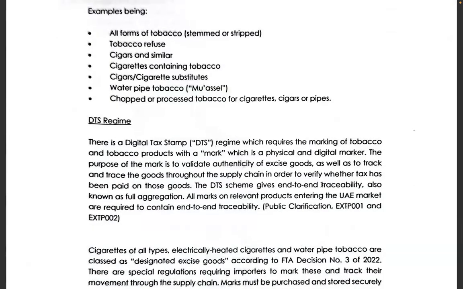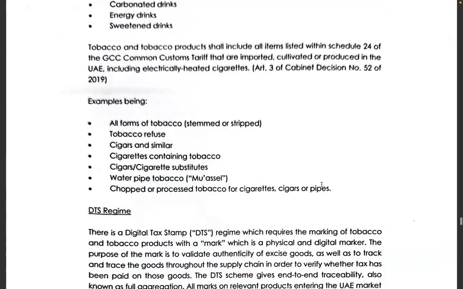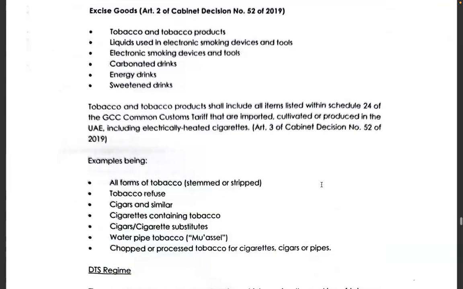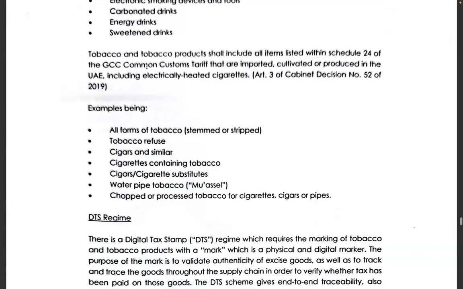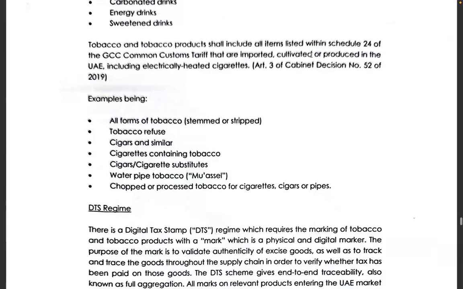So these are all the examples of various excise goods. Tobacco and tobacco products shall include all items listed within Schedule 24 of the GCC Common Customs Tariff. And these goods are either imported, cultivated, or produced in UAE, and including electrically heated cigarettes. And these are the examples that we just read.